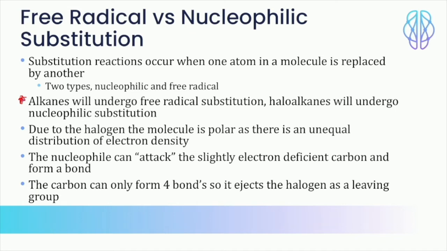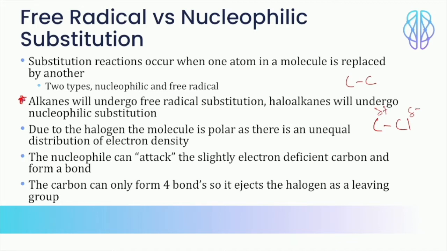So that's the key. The reason why an alkane will undergo a free radical substitution and not a nucleophilic substitution comes down to the fact that it's not really that polar. So you should be familiar with this concept now, but alkanes have carbon-carbon and carbon-hydrogen bonds, which are relatively unpolar. Haloalkanes, however, will have a carbon-halogen bond. The halogen is quite electronegative. This will create an unequal distribution of electrons, thus giving the halogen a slightly negative charge and the carbon a slightly positive charge.